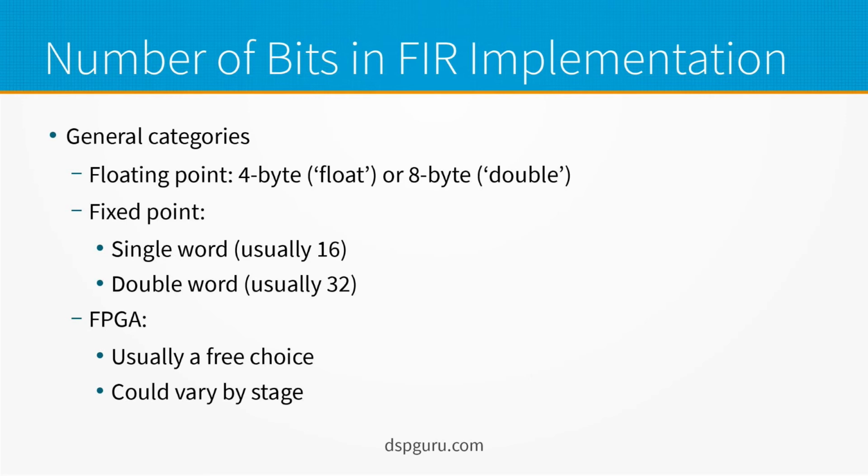Let's talk about the different practical scenarios you run into with word length. There's three basic categories. One is floating point. You've got a floating point processor of some kind. The other is fixed point. Certain DSP processors, especially in the past, were fixed point only. You can still buy those today, like the Analog Devices Blackfin series, which are sort of DSP microcontrollers in effect with a lot of microcontroller capability.